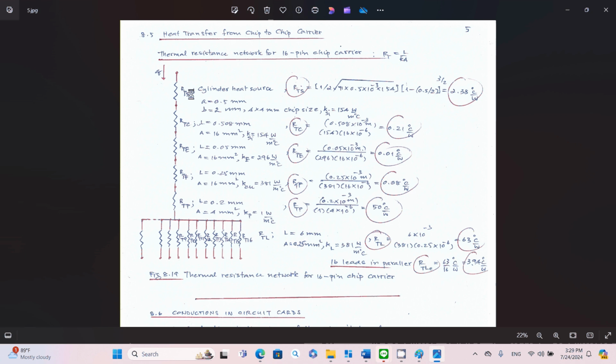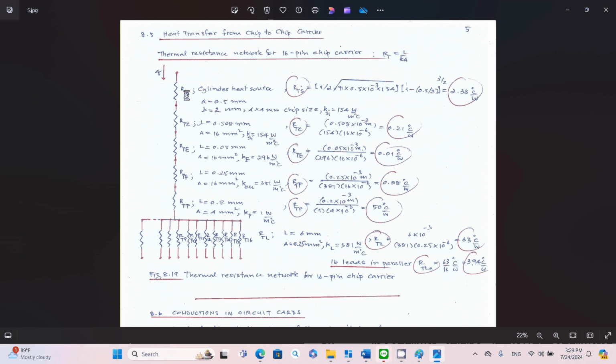As you know, the package has the source, that's the cylinder heat source. You have a transistor, some components on a silicon chip, that dissipate heat, so it becomes the heat source.